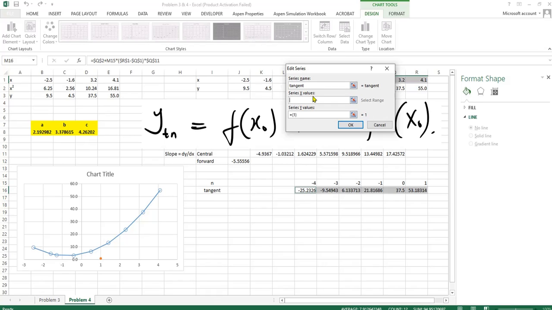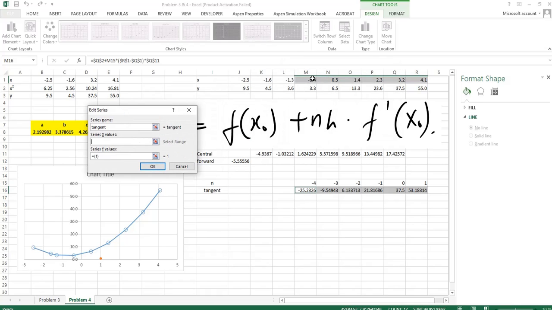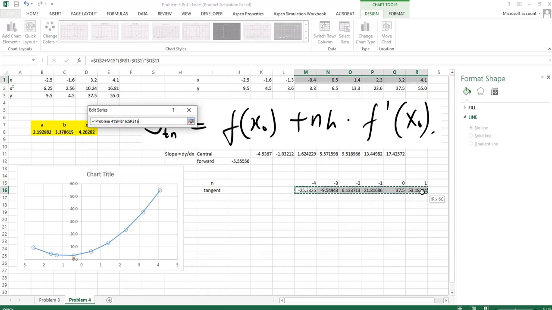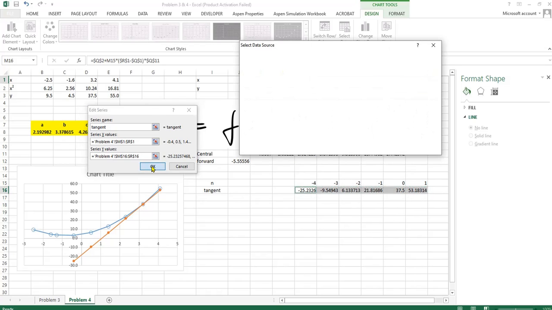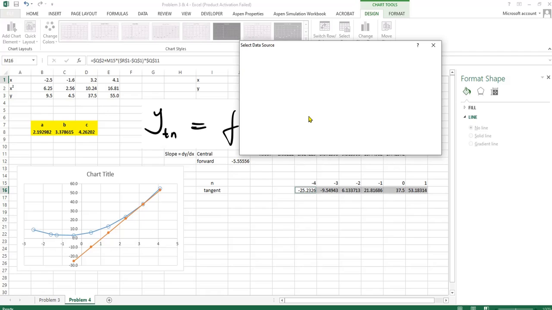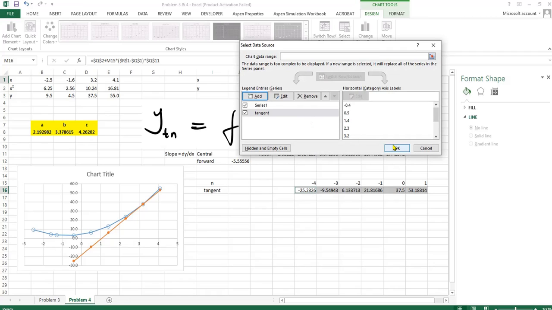Then the X value, I'll select from here to here. The Y value, I will select from here to here. Now I'll press OK. I'll press the OK button here again.